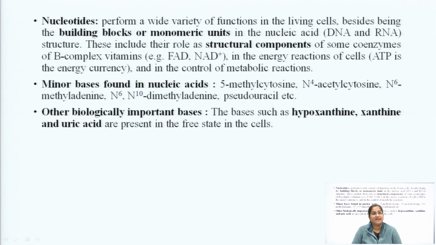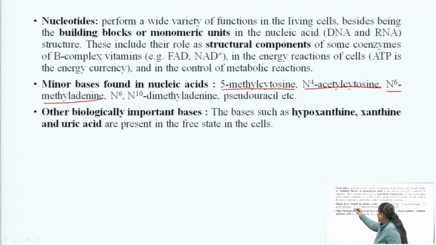Some bases found in nucleic acids are very important for us, like 5-methylcytosine, a derivative of cytosine. Then we have N4-acetylcytosine, again a derivative of cytosine. We have N6-methyladenine, a derivative of adenine.